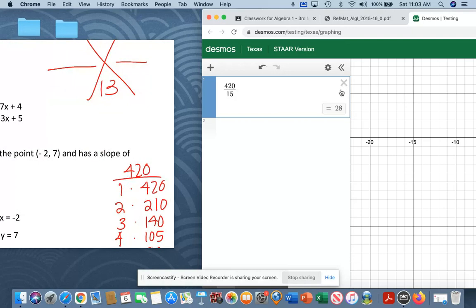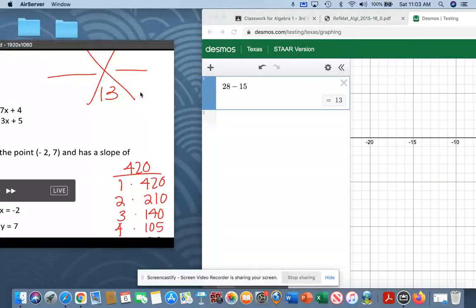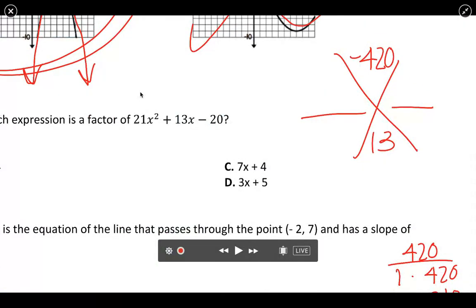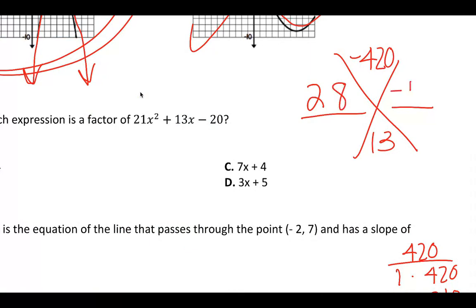15 and 28, because if I do 28 minus 15, I get 13, which is what I wanted. So negative 15. Now I'm going to divide by my A, 21.